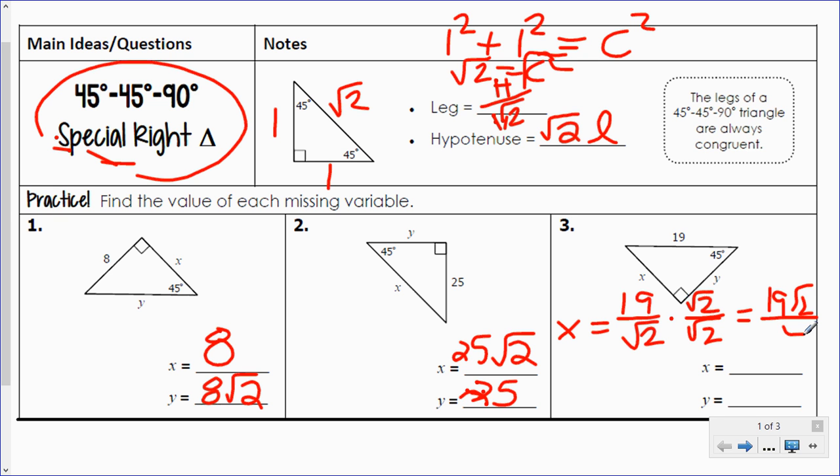Oh, my 2's look kind of funny. All right, so that is the value of x, 19 times the square root of 2 over 2. And since y is the other leg, it is the same value. So 19 times the square root of 2 over 2. So that was pretty easy.